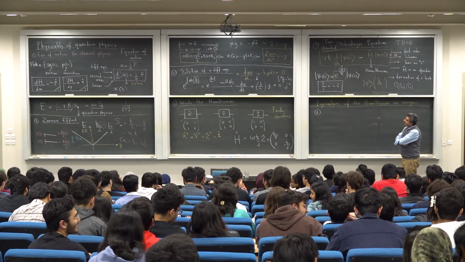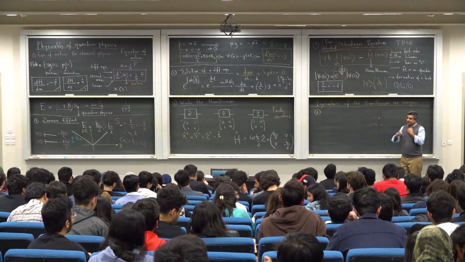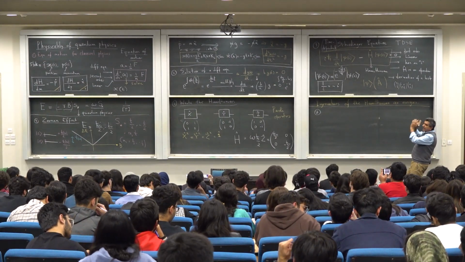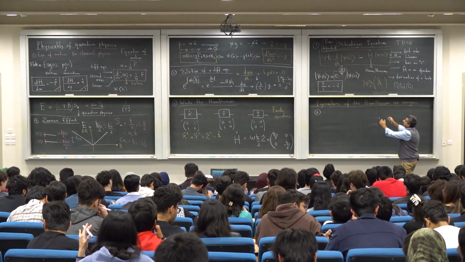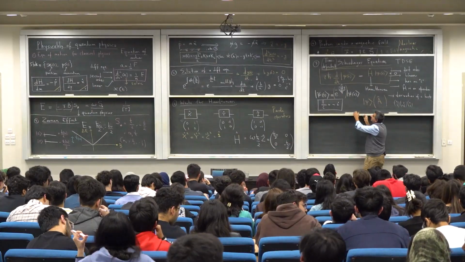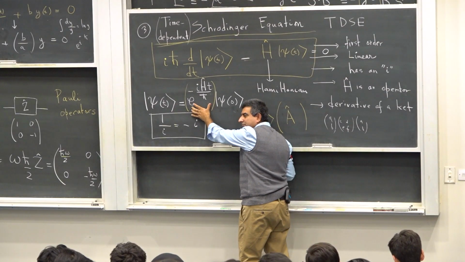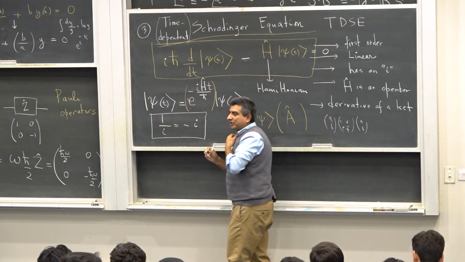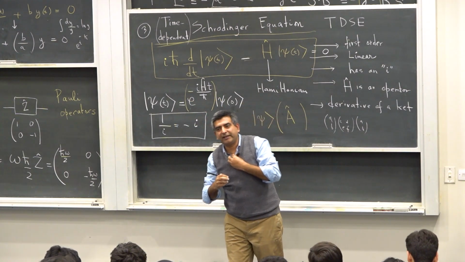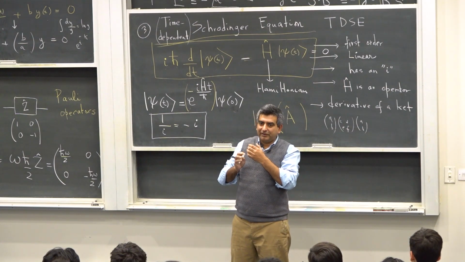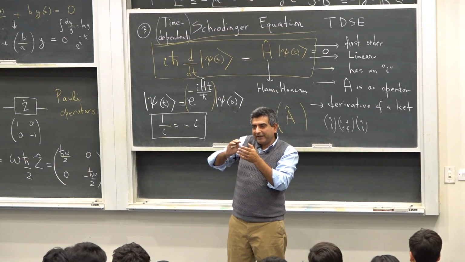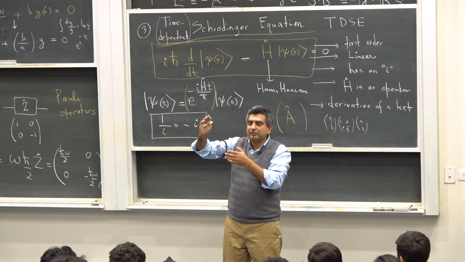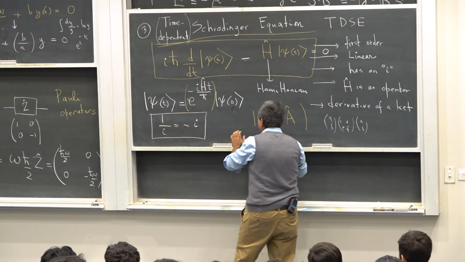All right. Now the question is, I have the Hamiltonian with me. I need to find this operator, because knowing the Hamiltonian is not sufficient. I need to put the Hamiltonian inside the power of an exponent. Now how do I do that? Okay, let's see how we do that.